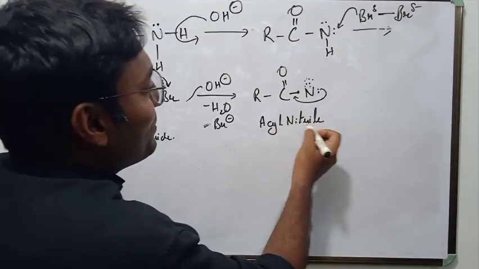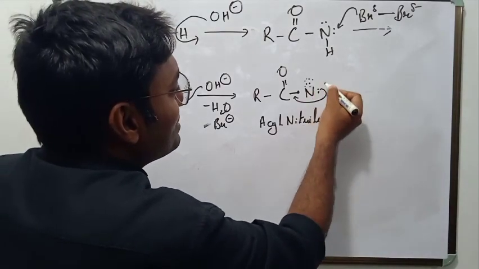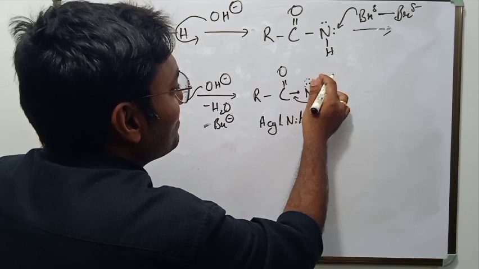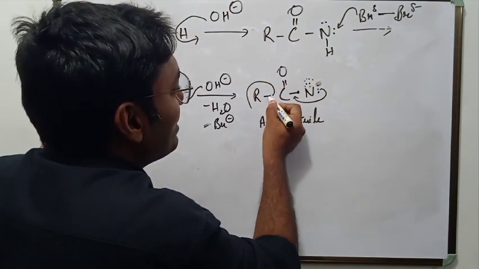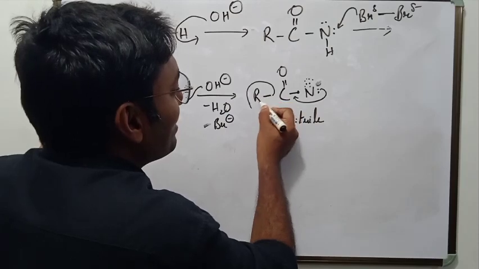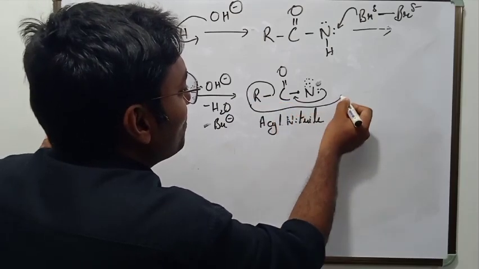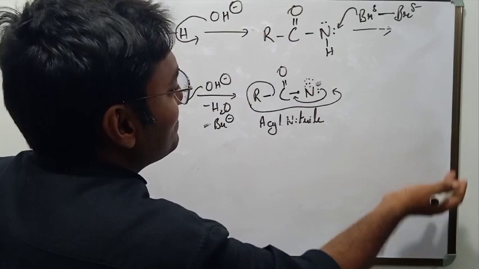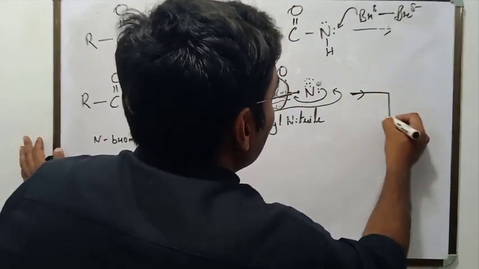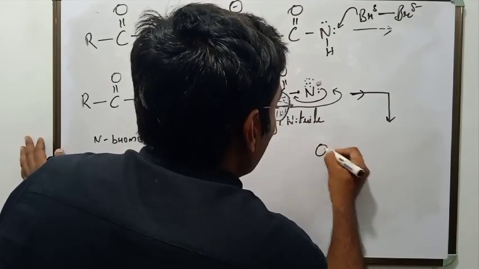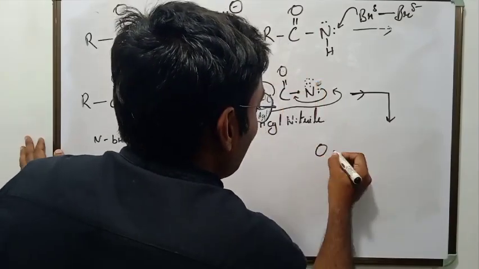With the result, what would happen? Nitrogen loses its electron, it becomes positive. So what would happen? This as a whole with the electron pair goes to nitrogen and combines with it. So what do we get? Let us see. We get oxygen, I have written the oxygen here now.